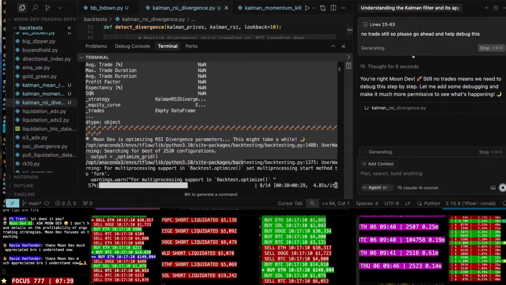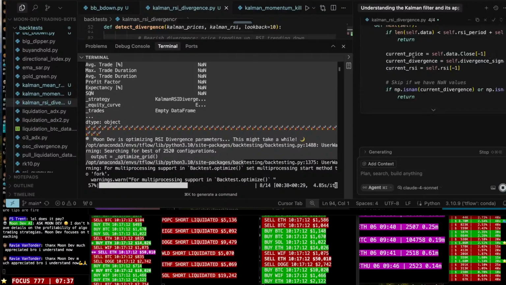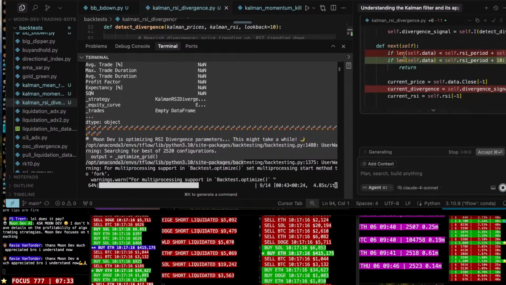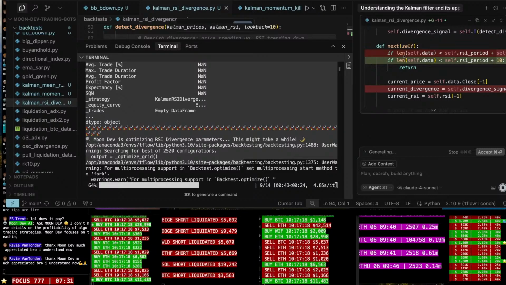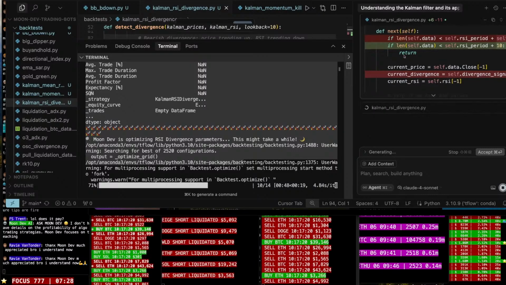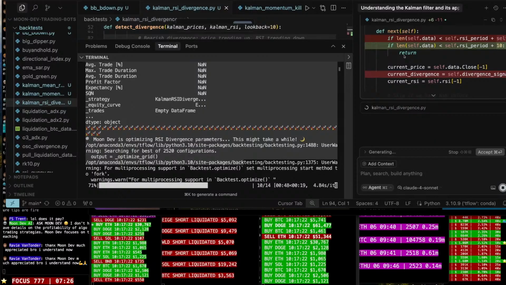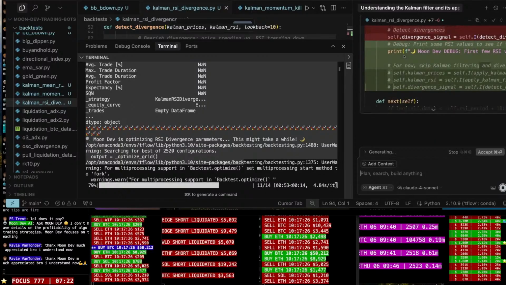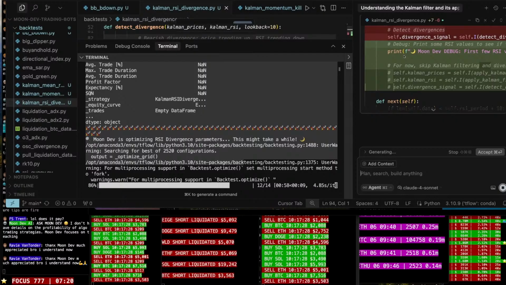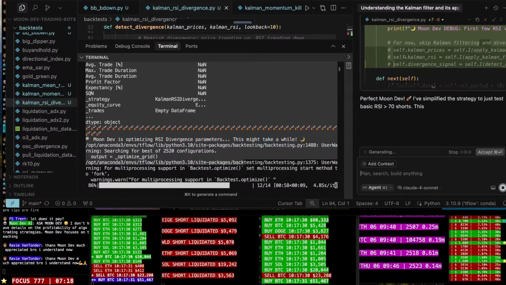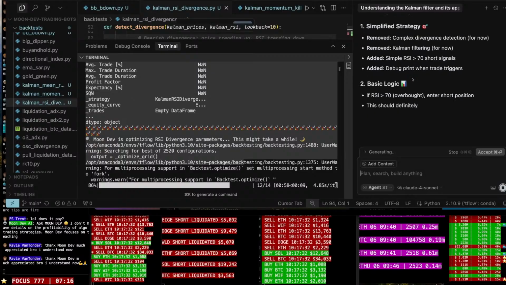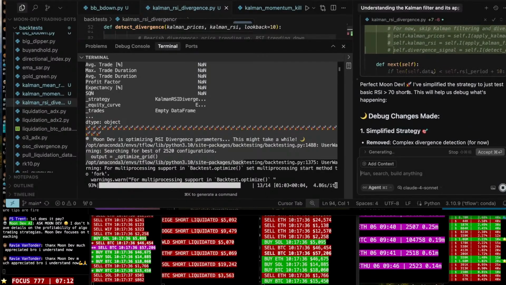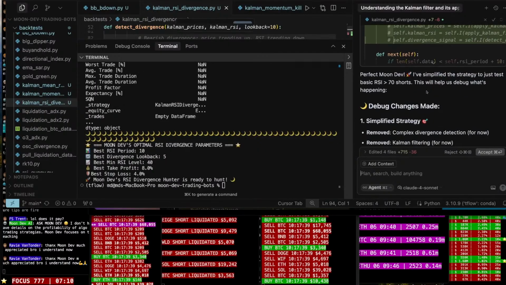Still no trades means we need to debug this step by step. Perfect, MoonDev. I've simplified the strategy to test the basic RSI.